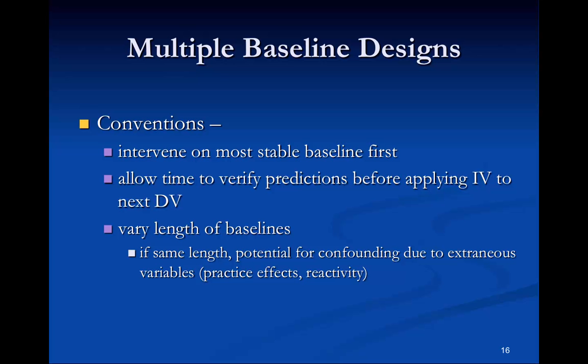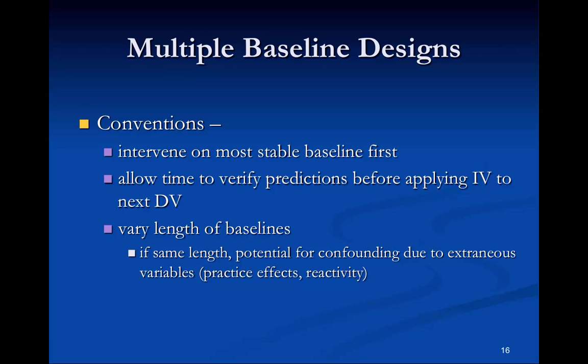So some of the practical considerations and conventions are that typically you're going to intervene on the most stable baseline first, and that's another challenge with multiple baseline designs. They can take a long time because these data I'm showing you, well, some of them are real, and those are harder, but some of them are made up data, so it's easy.